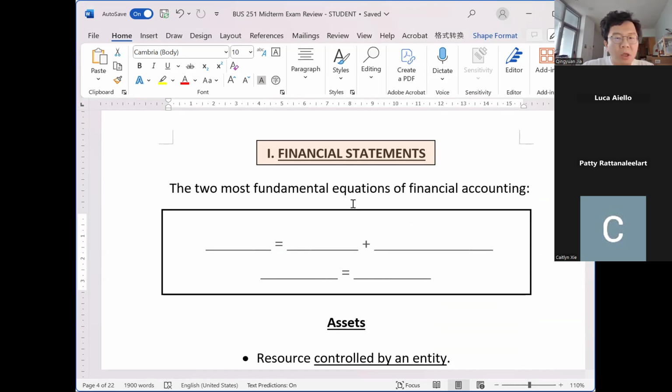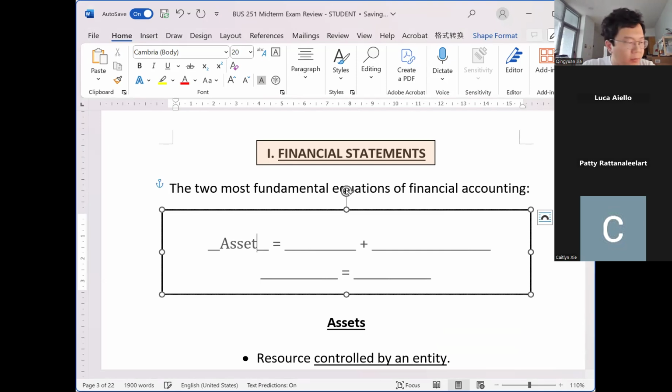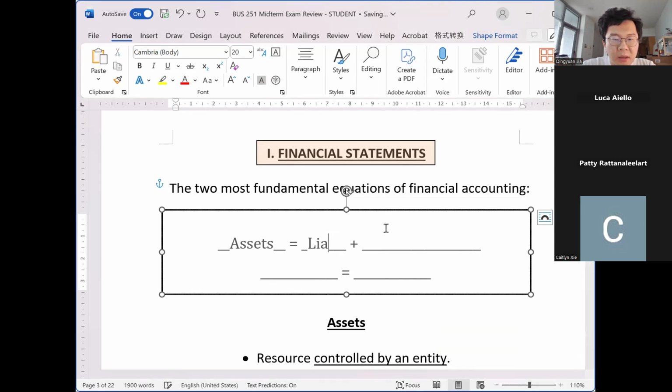Right. So when we talk about financial statements, there are two most fundamental equations of financial accounting that we are frequently using. I think everyone should be comfortable with this. Assets equals liability plus shareholders' equity.